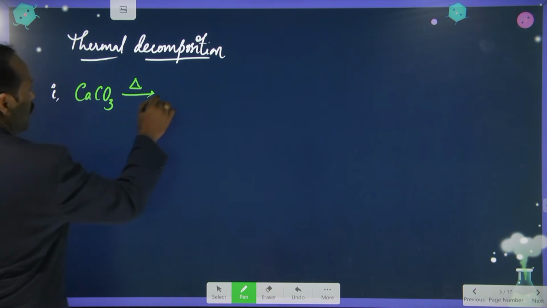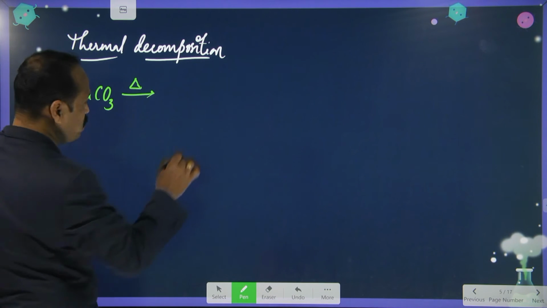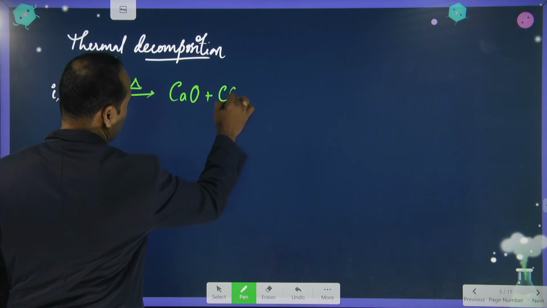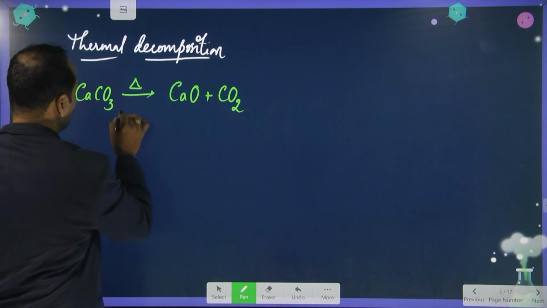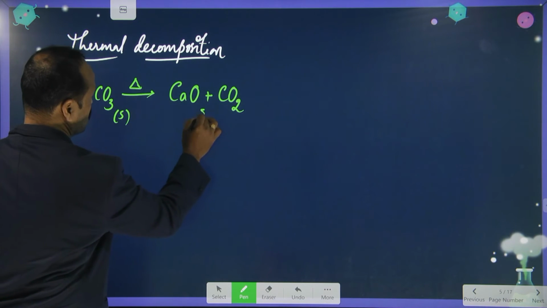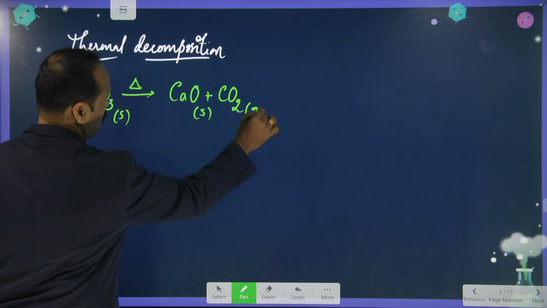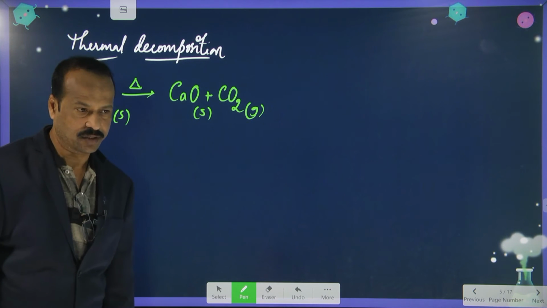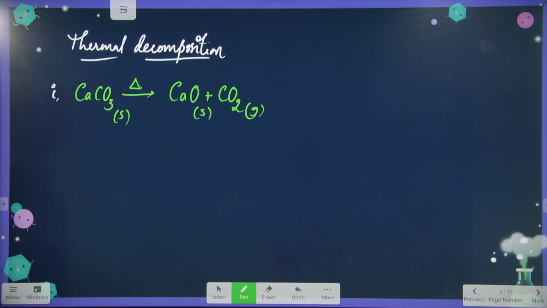On heating, it decomposes, meaning splits, into calcium oxide and carbon dioxide. This is a solid, this is also solid, this is a gas. So this is one of the reactions: calcium carbonate on heating decomposes into calcium oxide and carbon dioxide.